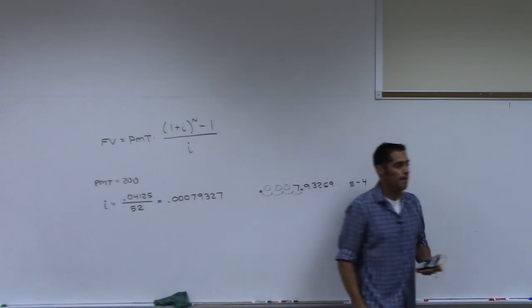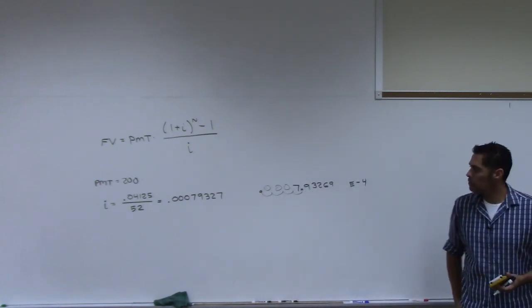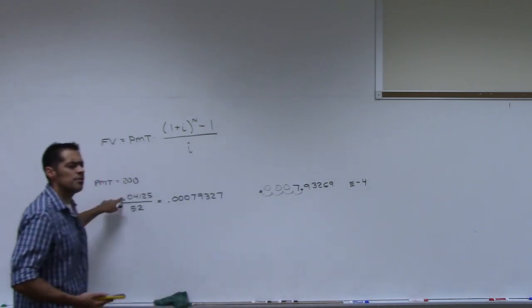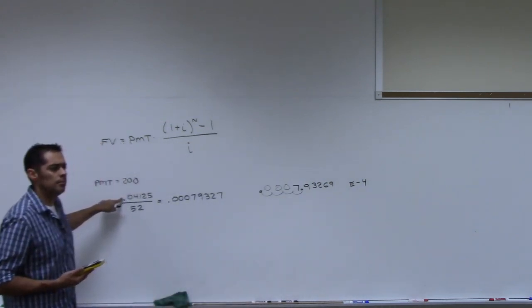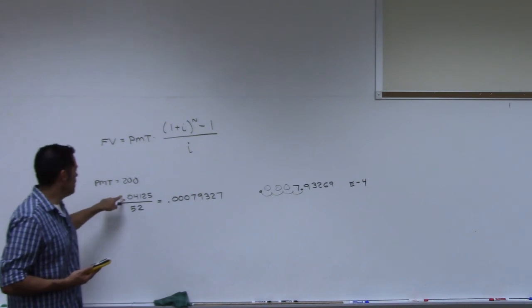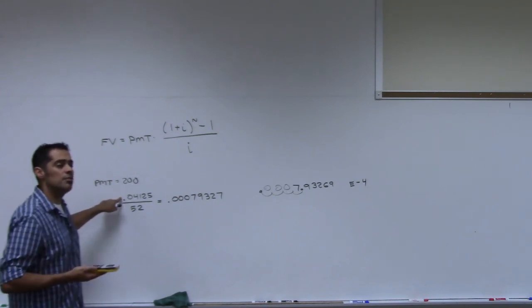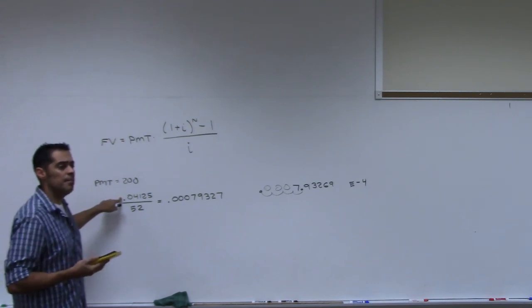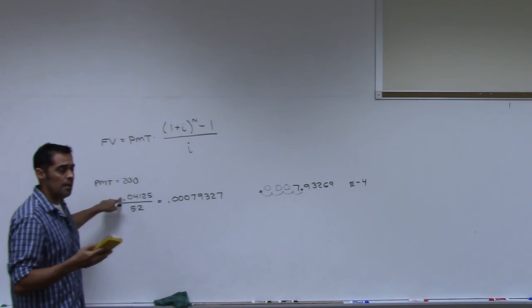Where did I get this number from? What's our interest rate in the problem? 4.125%, converted. And then how often is that interest compounded? Look right after the 4.125, it says it's compounded weekly.